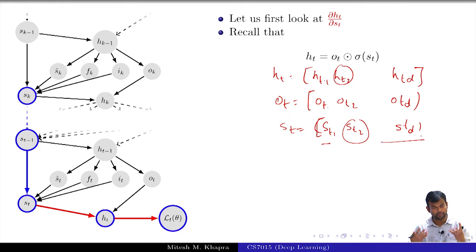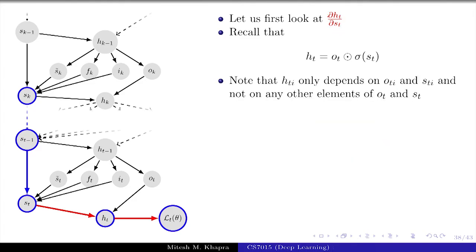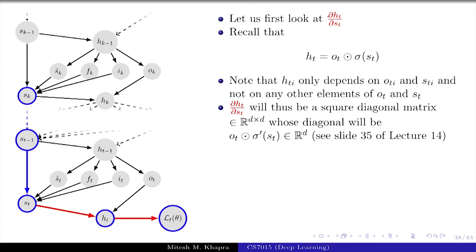So we have already seen this before. In such cases, what's the ijth entry of the gradient matrix? Derivative of HTi with respect to STj. Which of these terms are going to be 0? Wherever i is not equal to j. That means it results in a diagonal matrix. So that's exactly what is written here, and the diagonal elements are going to be this.